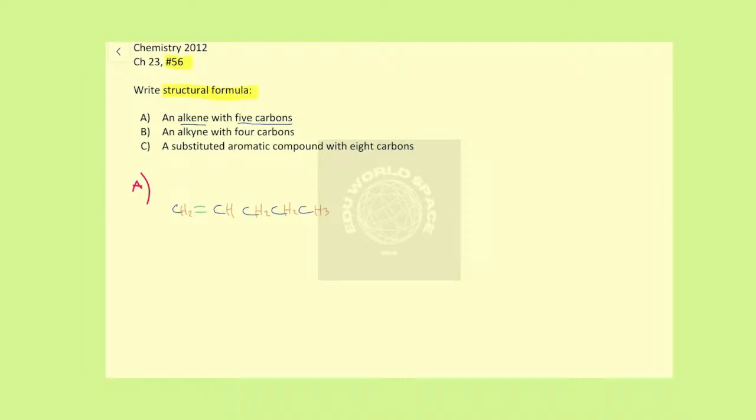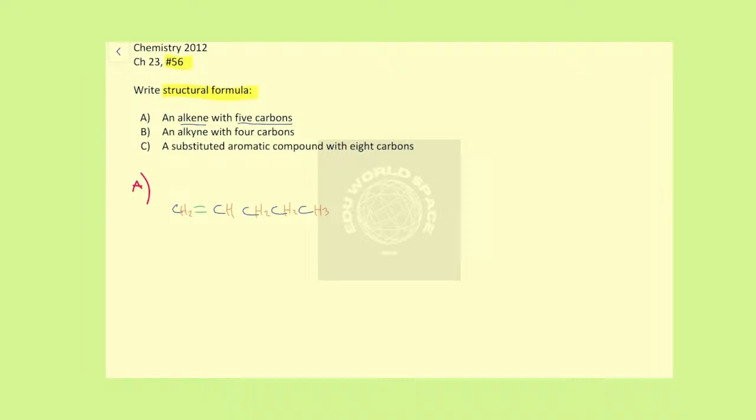It says we need 8 carbons total, and benzene has 6 carbons. So 8 minus 6 means we need 2 more carbons in this molecule. And it also says substituted aromatic, meaning it has alkyl or functional groups that come with it.